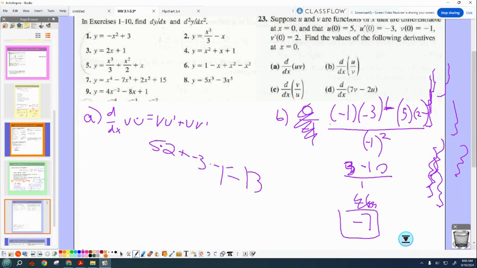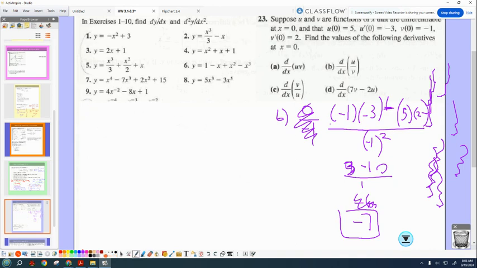So I want to erase and show some stuff. For these, I really, really, really recommend that you write out the alphabet soup first.